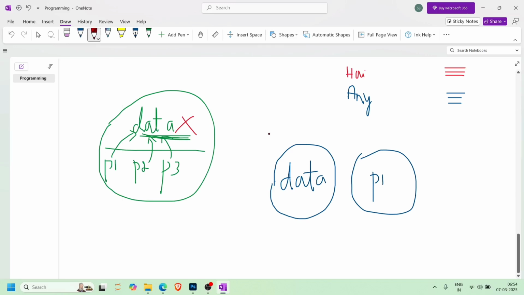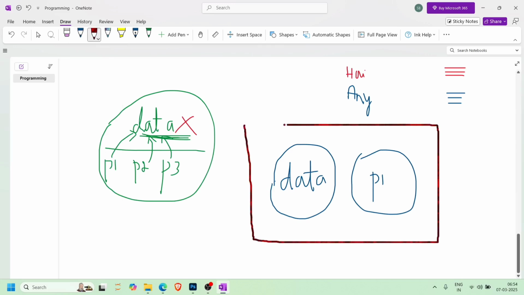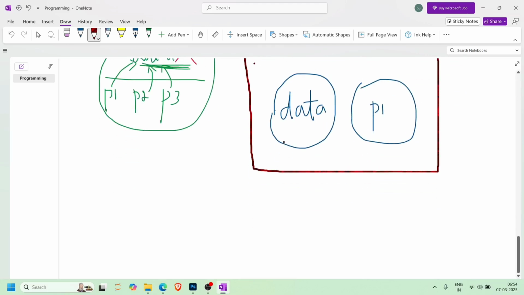They grouped the data and its related procedures into a single unit, and called it a class, or we can call it an object. We will dive into that later.